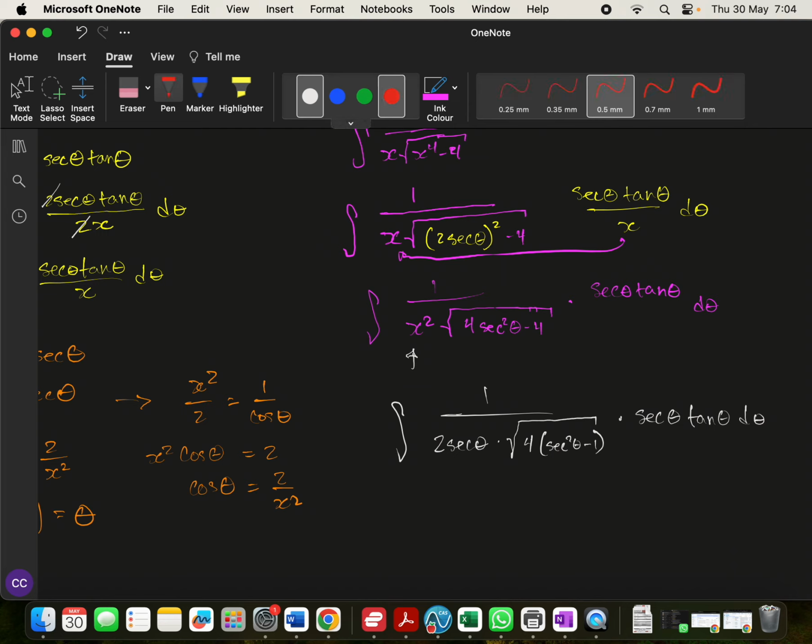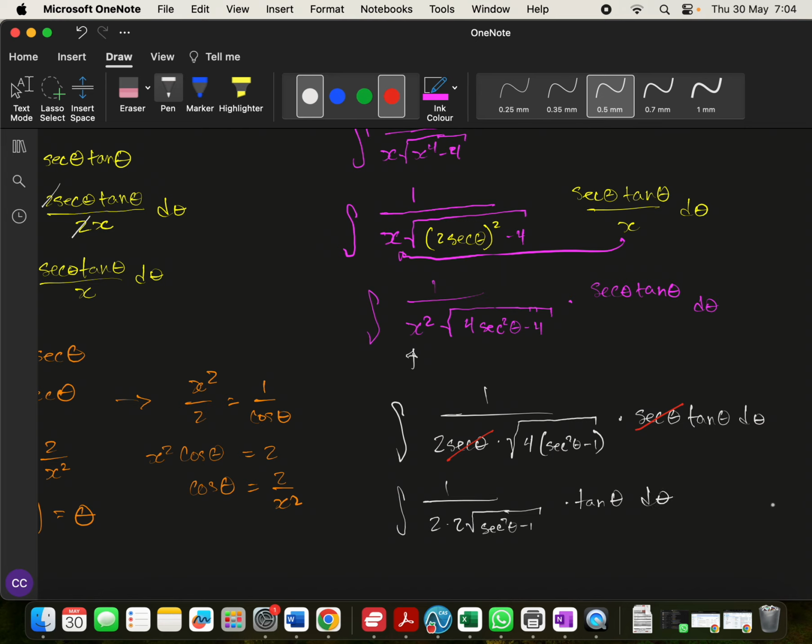All right, so here, because I was able to factor out that 4, I can bring that 4 out as well. So that would give me 1 over 2 times 2 square root of secant squared minus 1, and times tan theta d theta.